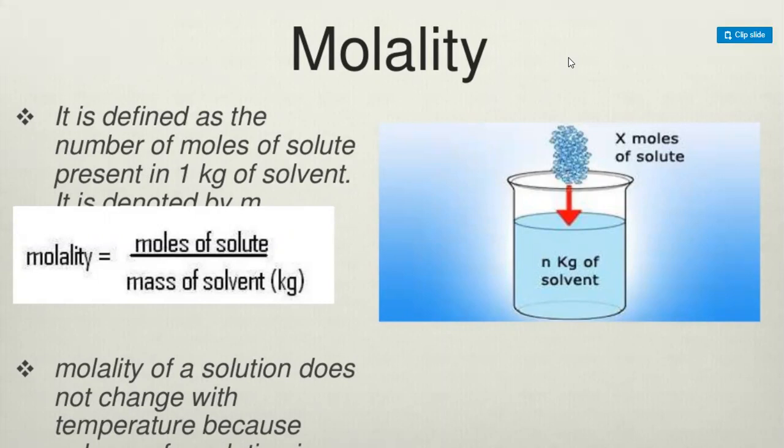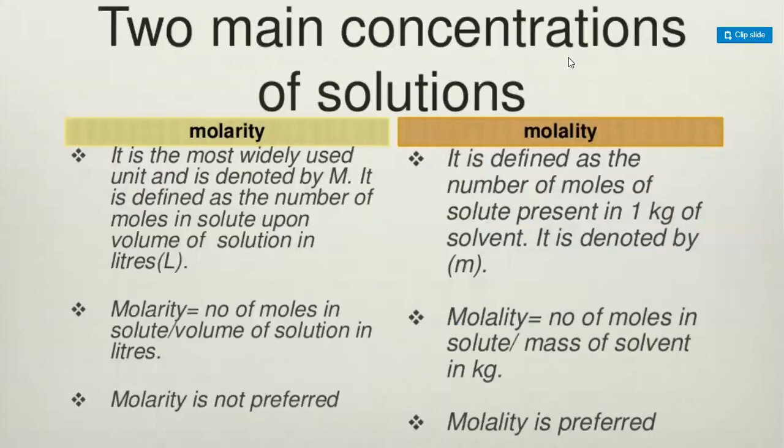The molality of a solution does not change with temperature because it is temperature independent, whereas molarity is affected by temperature. So the two main concentrations of solution are molarity and molality. I'm telling you this difference so that you can differentiate in which numerical or condition you use molarity or molality.